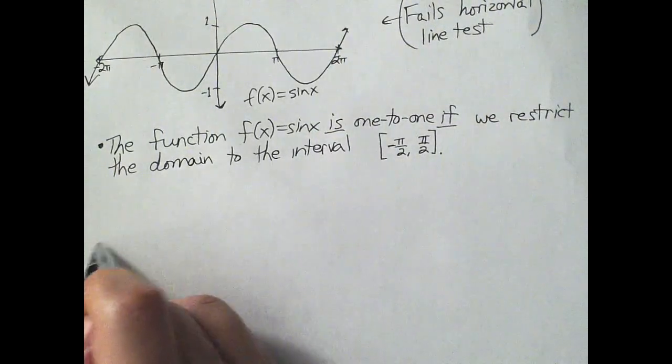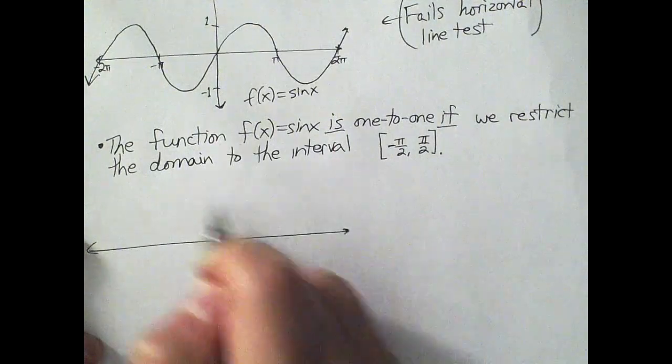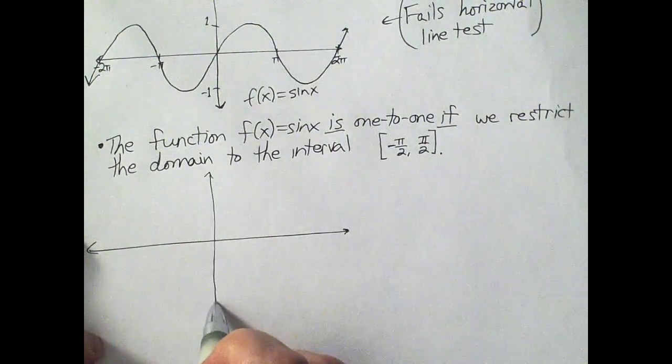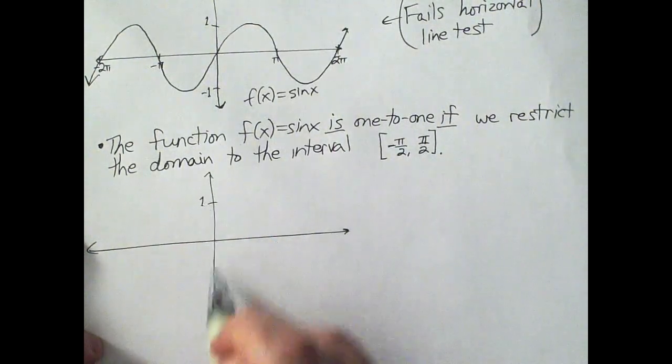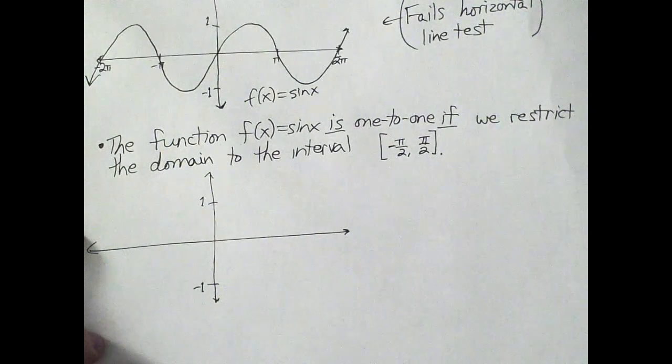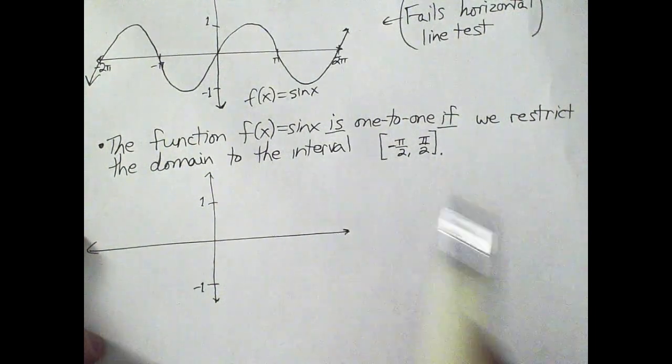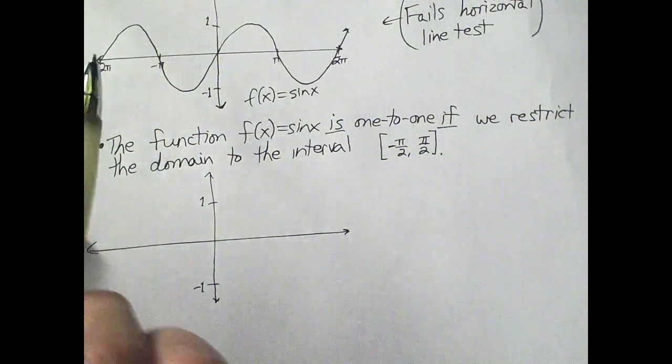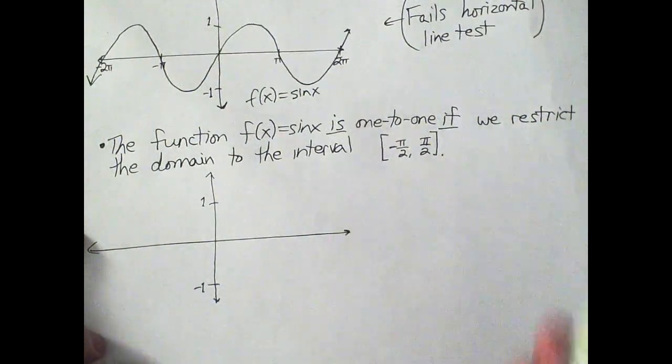The new picture would be another picture of sine, but this time I'm only going to allow the domain to be this interval. Typically, the domain of sine is all real numbers, right? It keeps going as far to the left and right as you want.